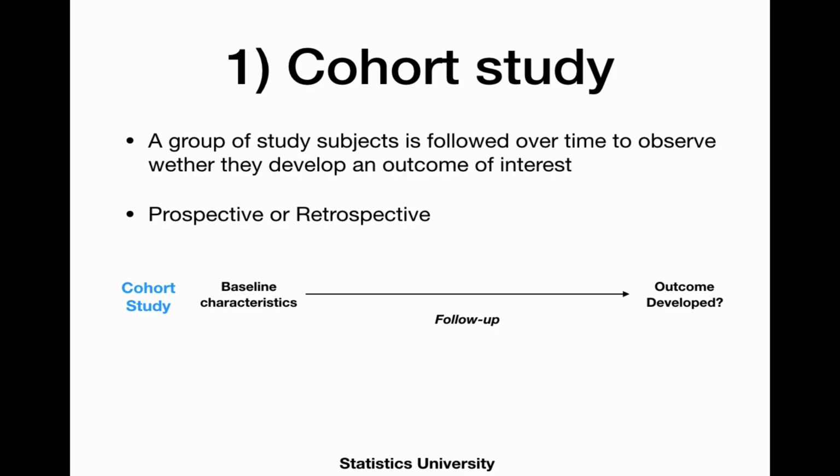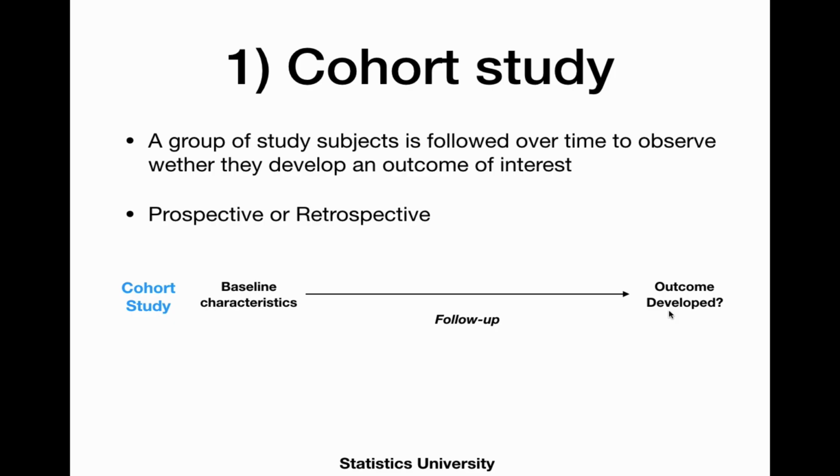A cohort study is a study in which a group of study subjects is followed over time to observe whether they developed an outcome of interest. And this can be done in a prospective way, where we start with collecting the baseline characteristics and then prospectively in time follow them up until they develop an outcome or they don't.